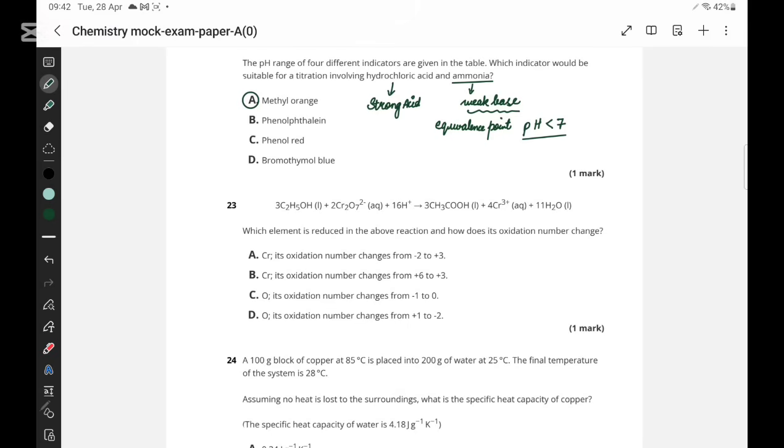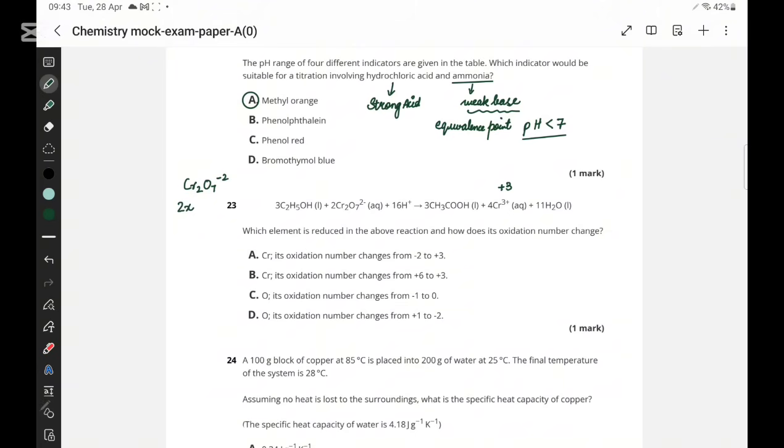Which element is reduced in the above reaction, and how does its oxidation number change? So let's see chromium. Chromium is having the oxidation state of +3, and in Cr2O7 2-, chromium is having 2x, because there are 2 atoms.